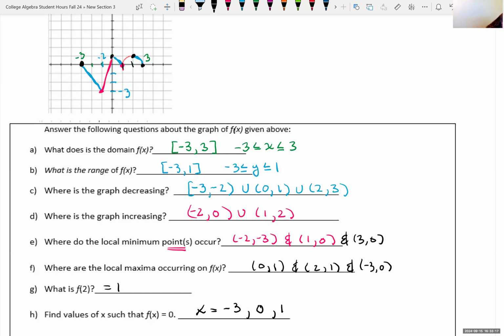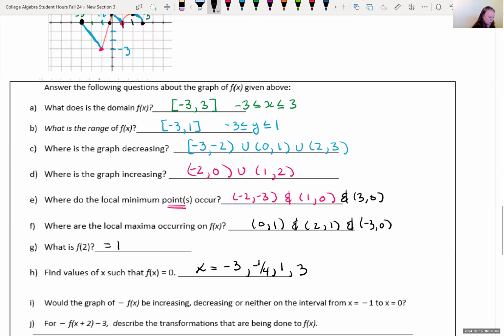Unless that goes through, I can't tell. Nope, so let's just estimate that right there. That is negative 1/4, then 1 and at 3. So we have 4 values of x that give us a y value of 0.